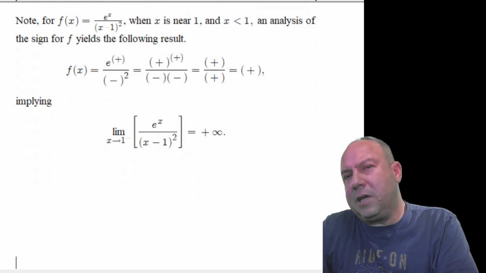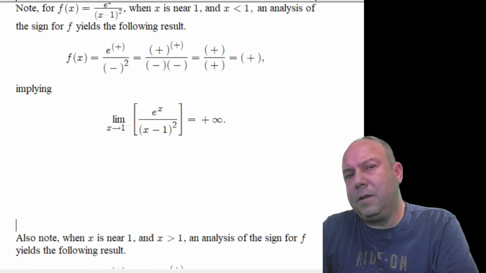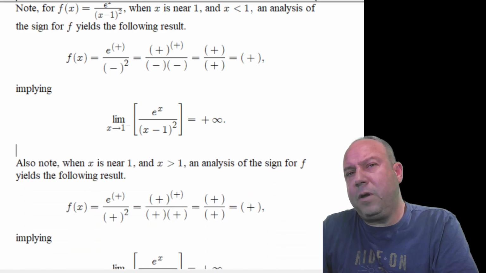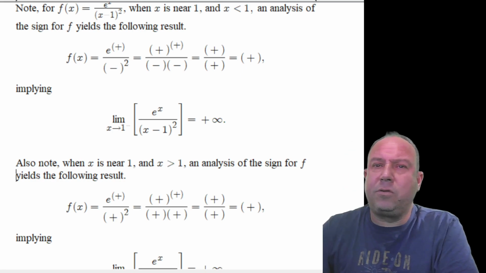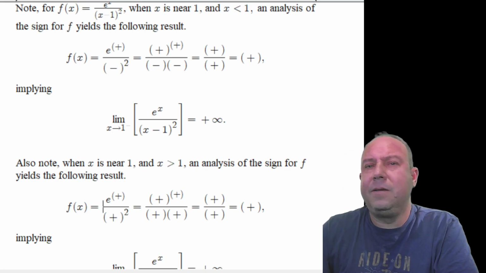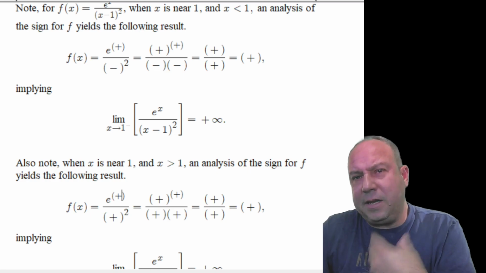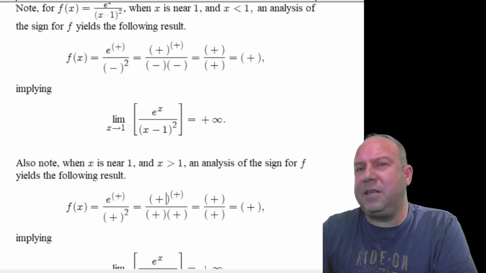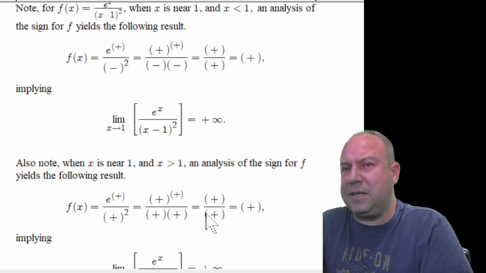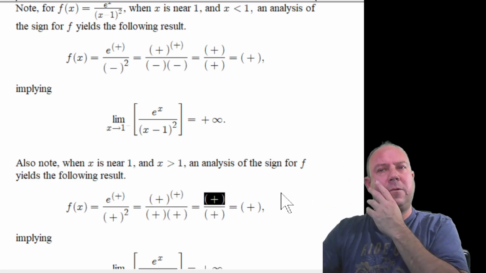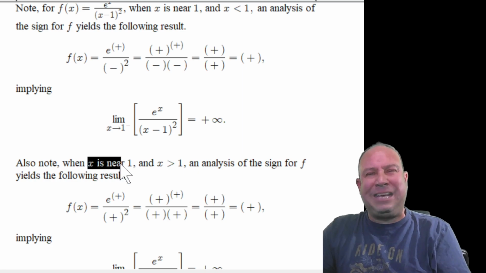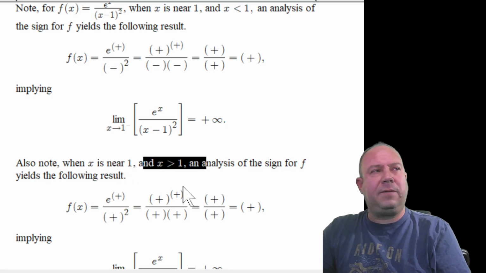And similarly, if we perform that analysis for the approach from the right-hand side, again, in the numerator, we would have a positive raised to a positive power, which would also just be positive, if we use something near 1 but greater than 1.